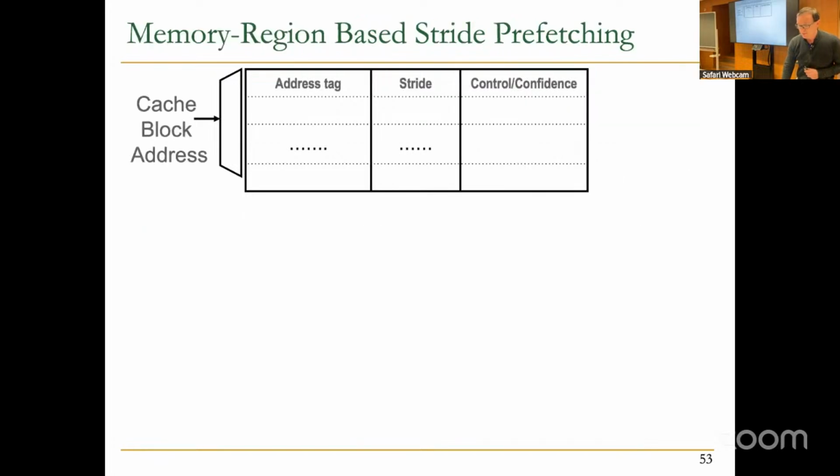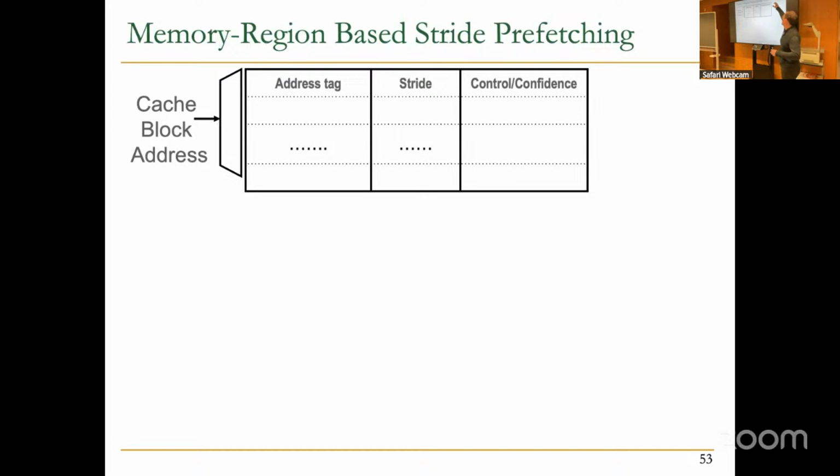You could do this on a memory region basis, which is a little bit more complicated, but you divide memory into regions. And based on the cache block address, you index this region table. For a given region, you have a tag and a stride in that region. Meaning, whenever I access this region, I have the stride, and I'm going to add this stride to this address.